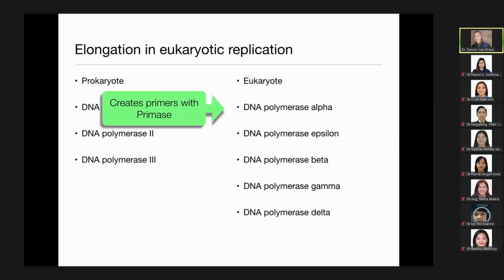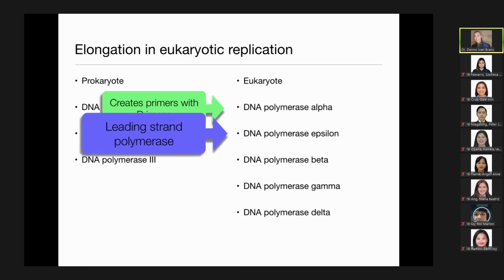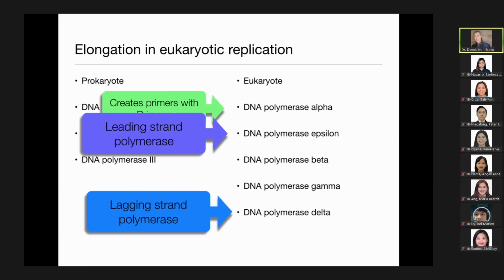DNA polymerase alpha is complexed with the enzyme primase, and they are the ones that create the primers. DNA polymerase epsilon is the dedicated enzyme for leading strand synthesis, while DNA polymerase delta is the dedicated enzyme for the lagging strand synthesis. So there's a separate enzyme for the leading and the lagging strand synthesis in eukaryote.